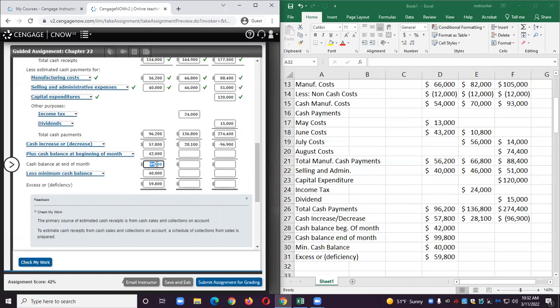So then I'm going to take my cash balance here at the end of June, and I'm going to put that up here because it's also going to be my cash balance at the beginning of July. Your ending balance of one month or of one period is always the same as your beginning balance of the next period.